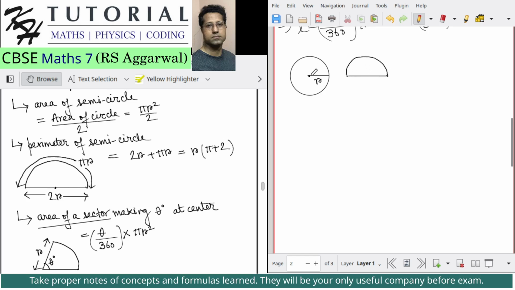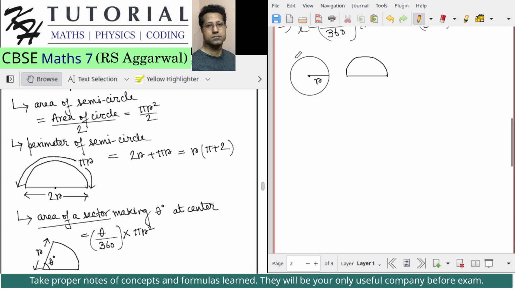That is, if you divide the circle across any diameter, you know that in a circle there are infinite number of diameters, because there are infinite number of points on the circumference of a circle, you can join any two points on the circumference which passes through the center, and that will be a diameter.